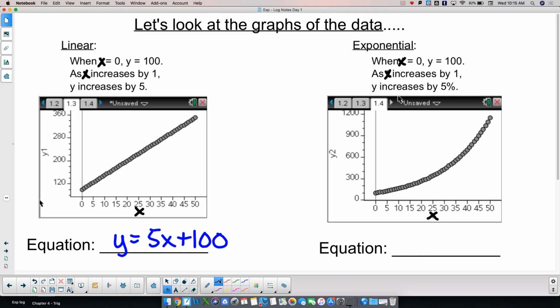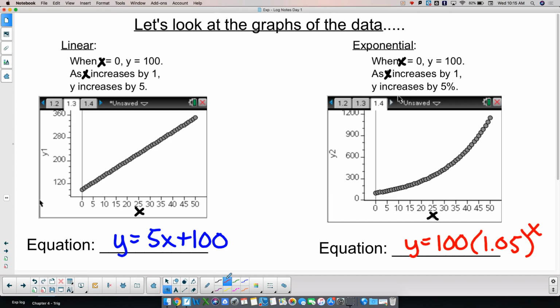At 3, it's 115.7625. At 4, it's 121.550625, and so on. The equation here is Y equals 100 times 1.05 to the X power.